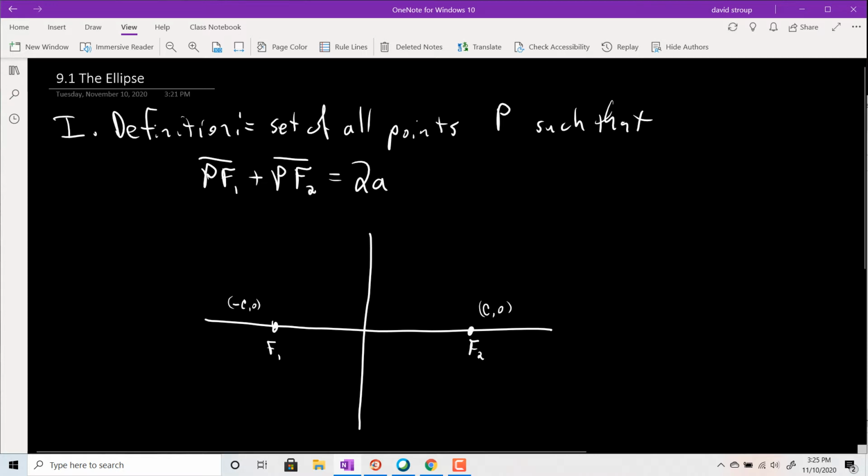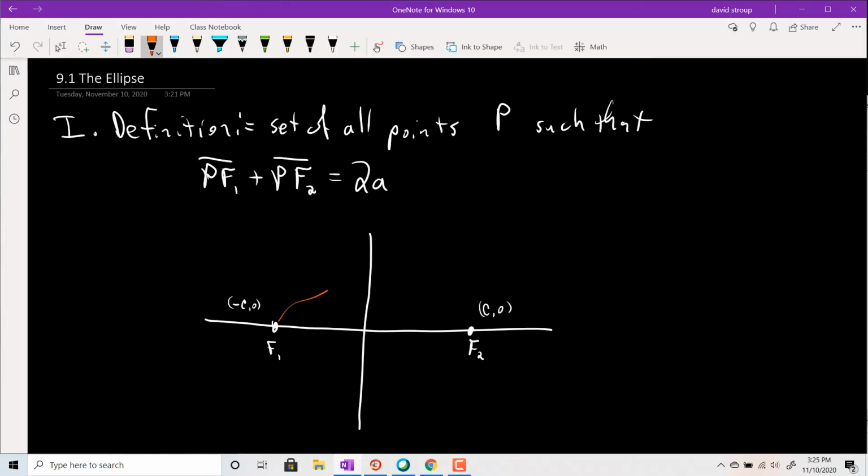All right. So to say that the sum of the distances from random points in the plane to these foci is a constant means kind of like you take a piece of thread that has a constant length.